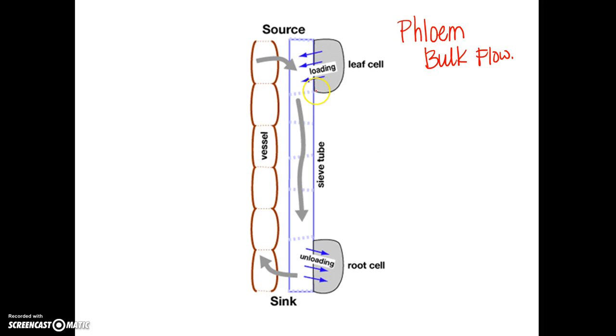I want to draw your attention over here. So these cells right here, basically, they don't have anything in them. They're pretty hollowed out. They're still considered alive here, but they don't have a nucleus. They don't have a lot of the organelles. So basically, they've emptied out this section of cells here, okay? So this is phloem right here.